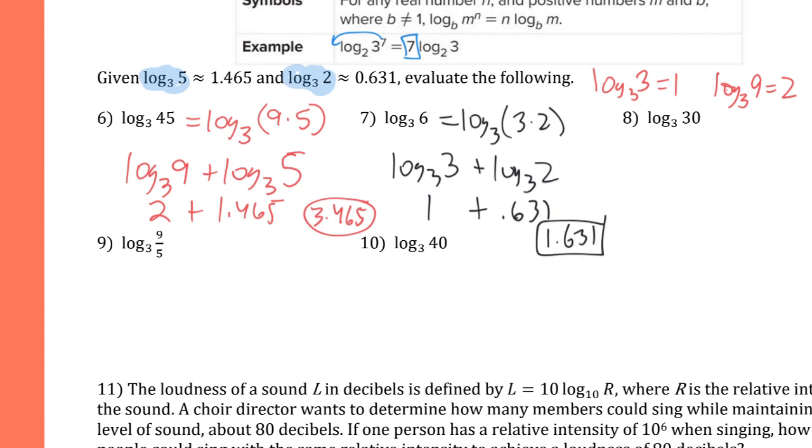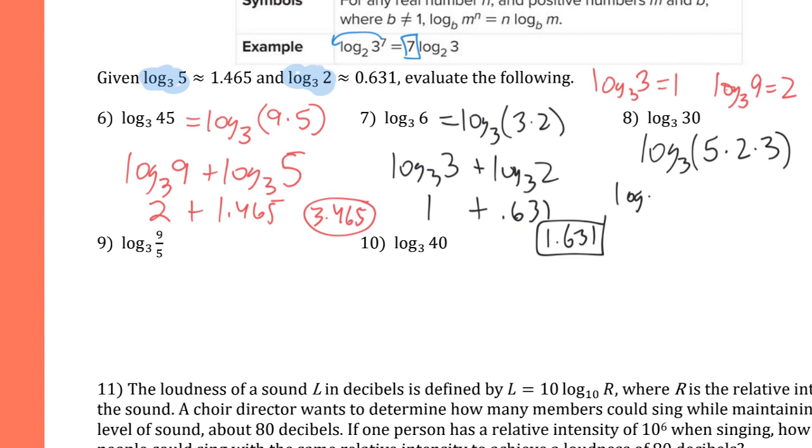The next one, log base 3 of 30. How can we express that as something cute? Well, we do know log base 3 of 5. 5 times 6 is 30. We don't have 6, but we do know 2 and 3. Now we're just taking it up a couple notches at this point.